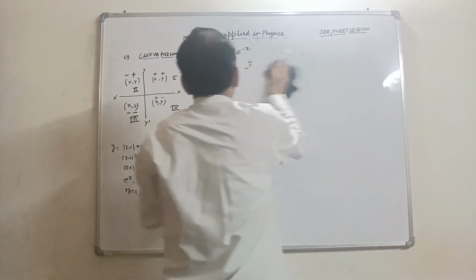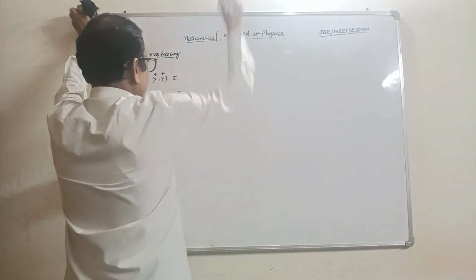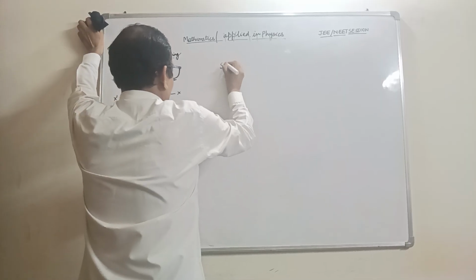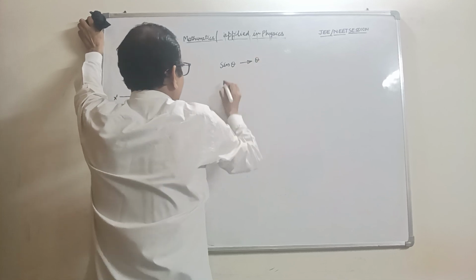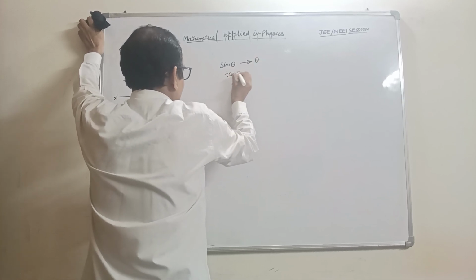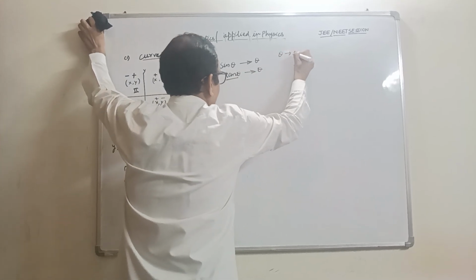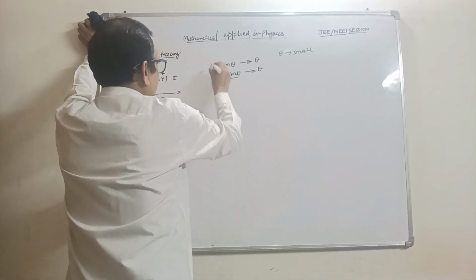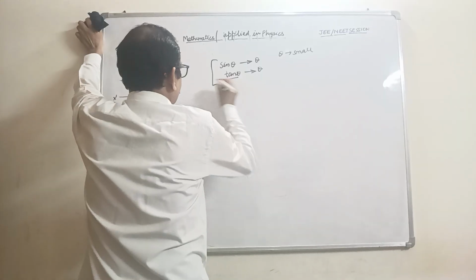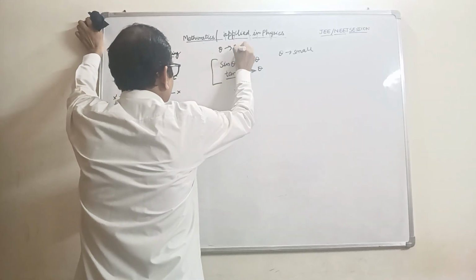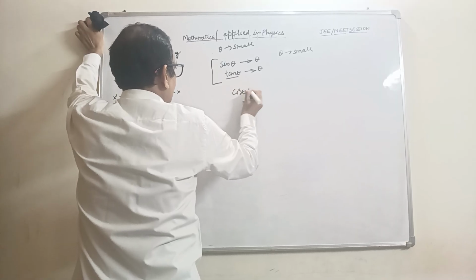And here is one concept I have to discuss. In the sinusoidal graph, if the angle theta is very small, sin theta would be treated as theta, and tan theta would be treated as theta. Sin theta and tan theta are both increasing functions, but when the angle is small, cos theta is equal to 1.